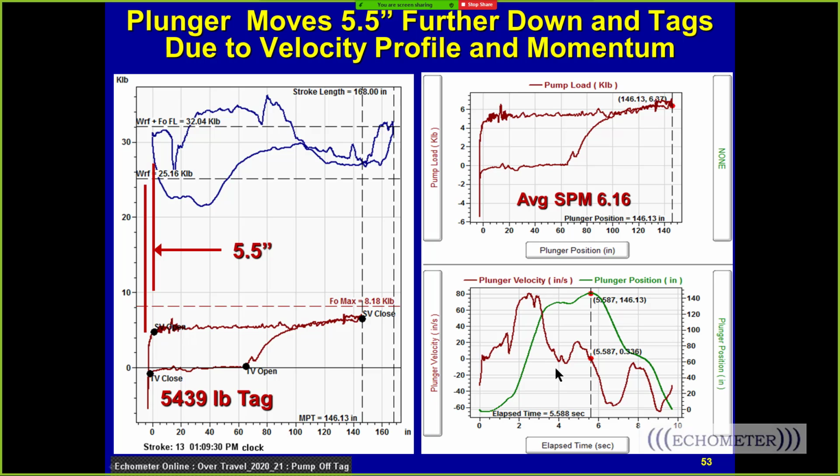And if we look, we can see here that during this transfer right here, the plunger velocity is high on the downstroke, and then it quickly slows down right there to open the traveling valve, and then it speeds back up, and then it tags.